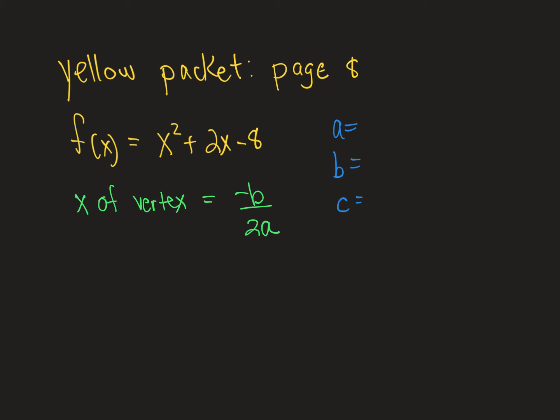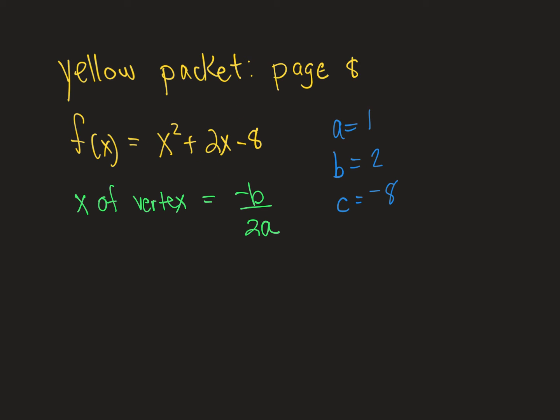Okay, so if we look at this, our A value on this particular problem is 1, our B value is 2, our C value is -8. So our step 1, this was in standard form. So that is our step 1 right here.